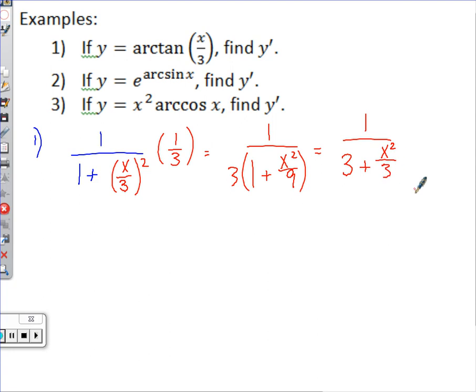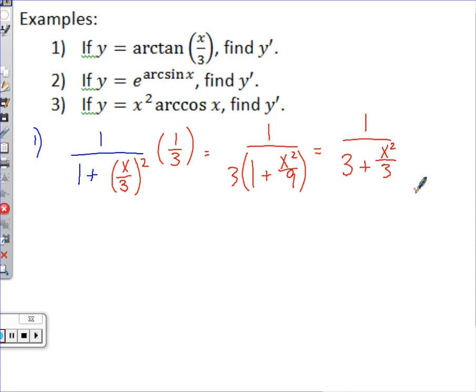They can make that inside function as complicated or as not complicated as they want. You plug it in, you multiply by the derivative. Questions?